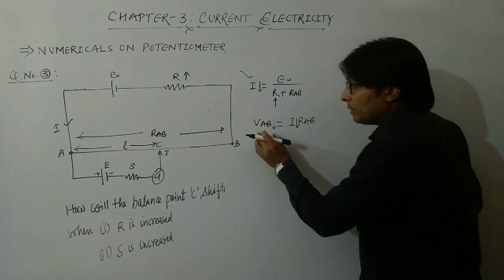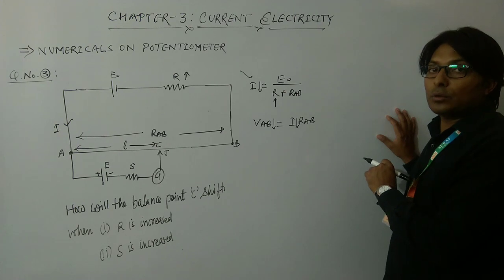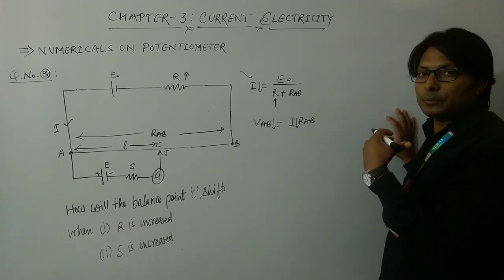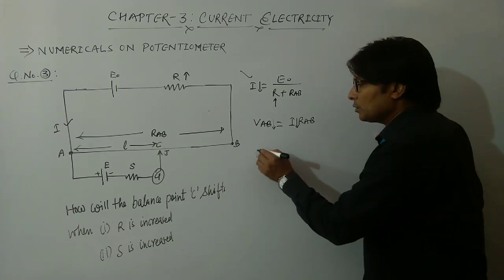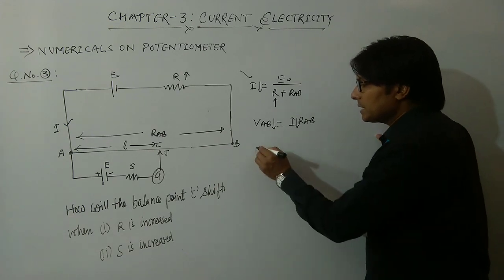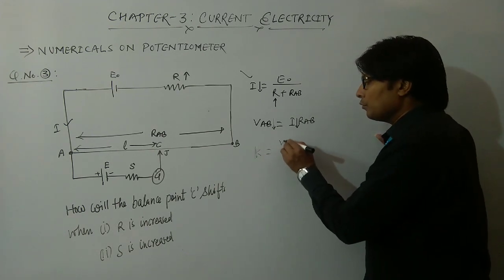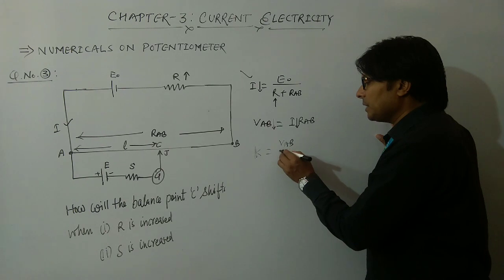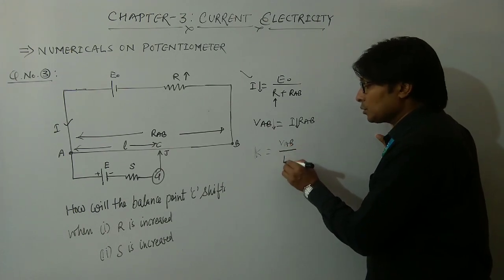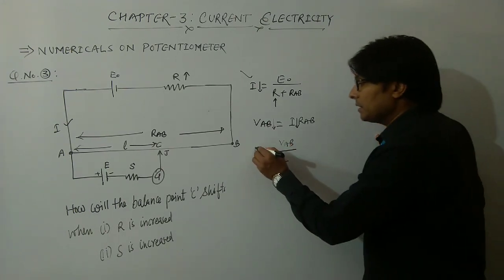Now what will be the effect of this decrease of VAB on the potential gradient? We know the formula for potential gradient is K equal to VAB divided by the total length of wire AB.